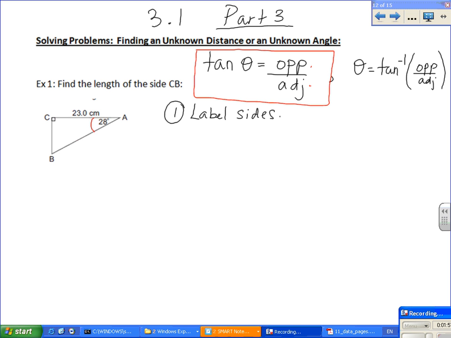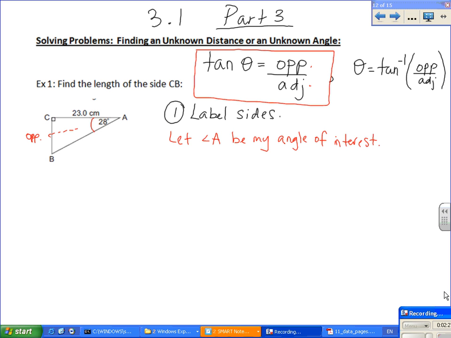That's the only angle I'm given, so that's going to be the angle that I'm going to work with. I'm going to let angle A be my angle of interest because it's the only angle I have. So let's label this triangle relative to angle A. The first thing I'll do is label the side across from angle A as my opposite side.